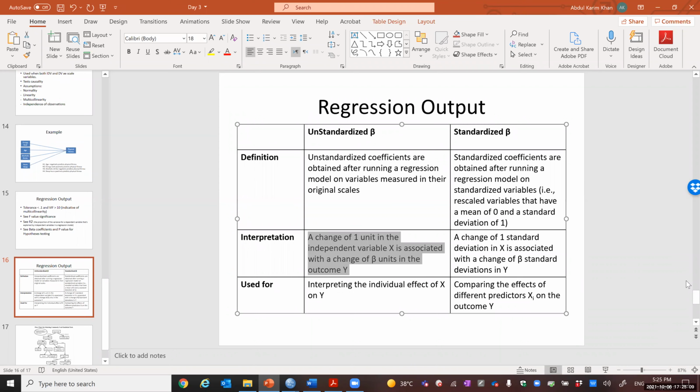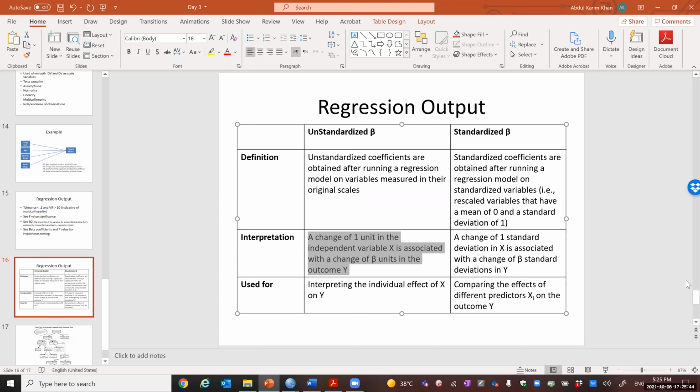A change of 1 unit in the independent variable, which here is energy level, is associated with a change of minus 0.3 units in physical fitness. Now, this goes against common sense. Maybe this is because this is just hypothetical data that we got a negative relationship, which means if energy level is going up, the physical fitness would go down.